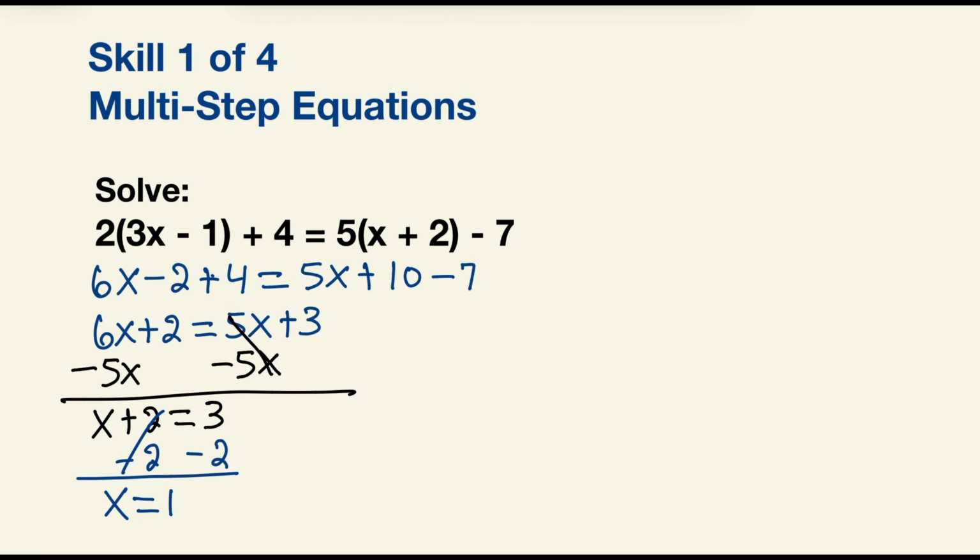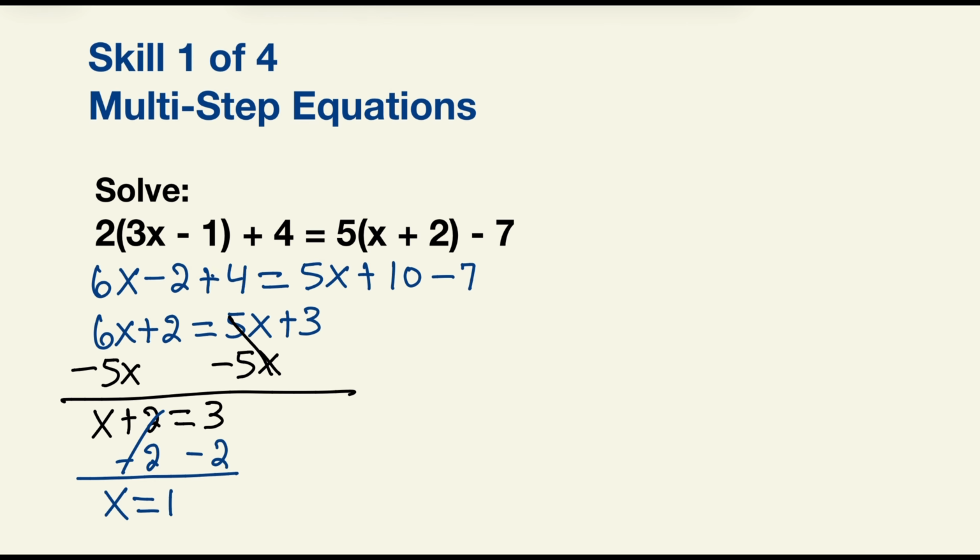But I would suggest checking your work. So what we're going to do here is substitute. And so since x equals 1, and if you go back to the original problem, we're going to place 1 where you see the x. So let's do that.